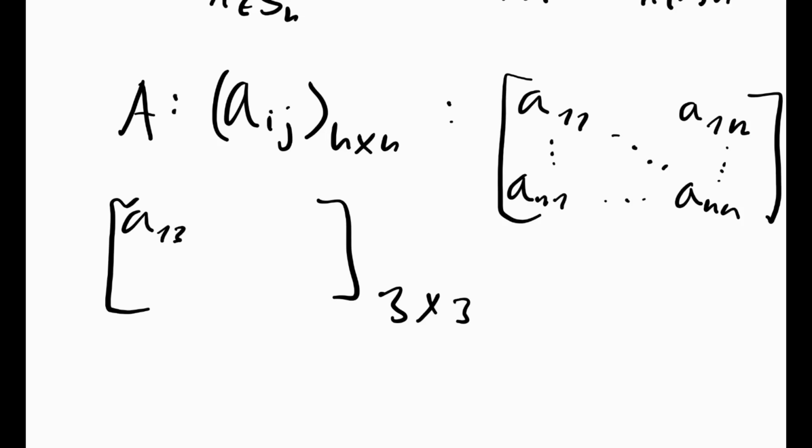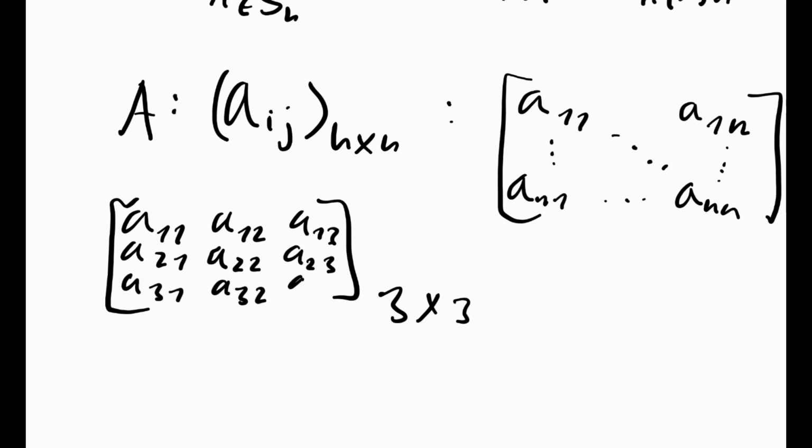So we have A11, A12, A13, A21, A22, A23, A31, A32, A33. So we have 9 entries for a 3 by 3 matrix, of course. So this is an example, and it gives us a chance to look at it concretely.